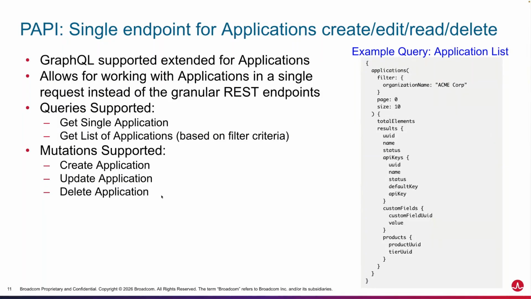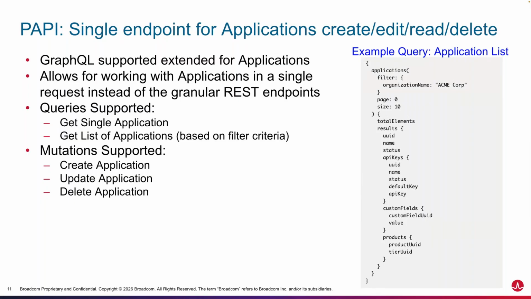The next topic that I'll cover is the GraphQL endpoint for applications. So for 5.4.1, we introduced a new GraphQL endpoint for managing APIs. In this release, we've now extended that GraphQL support to applications.